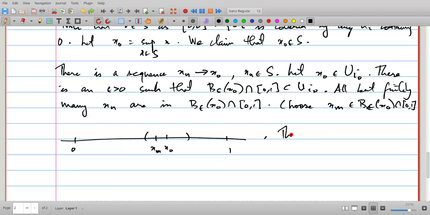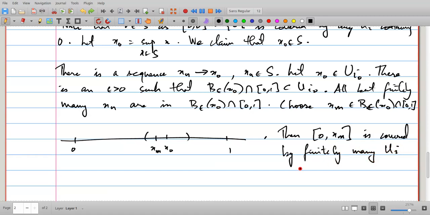So then [0, x_m] is covered by finitely many U_i's, and the interval [x_m, x naught] is contained in B_epsilon(x naught) intersected with [0, 1], which is contained in this U_{i_0}.